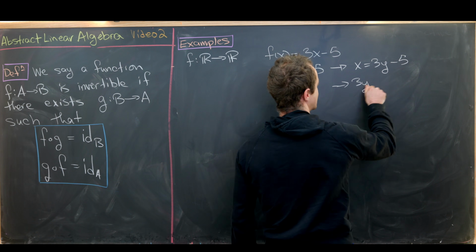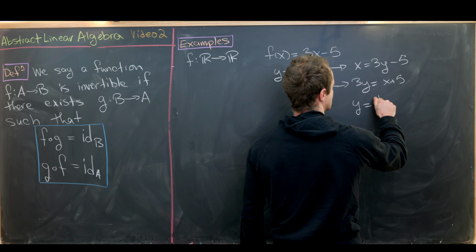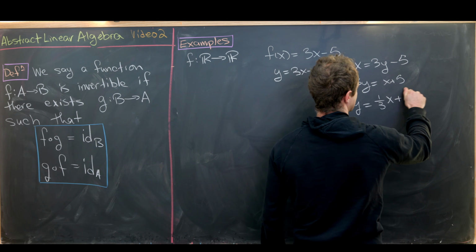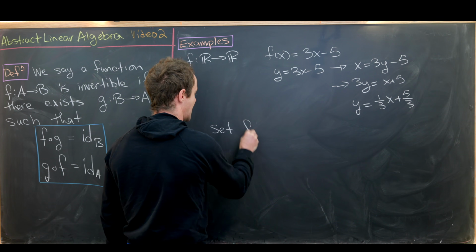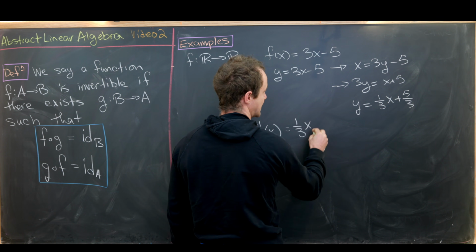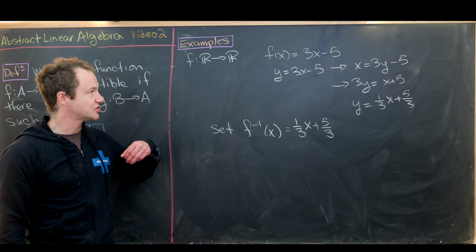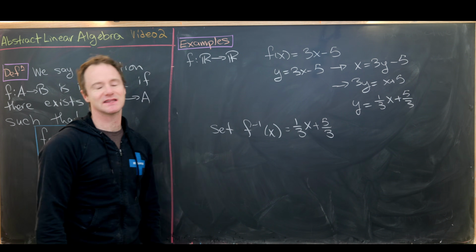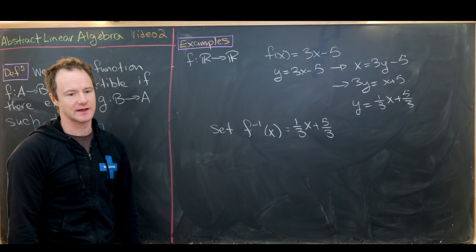So that gives us 3y equals x plus 5, which means y equals 1 over 3 x plus 5 over 3. And then we'll set f inverse of x equal to 1 over 3 x plus 5 over 3. And I should say you can check this easily is the inverse function by doing the composition. I'll let you guys do that.